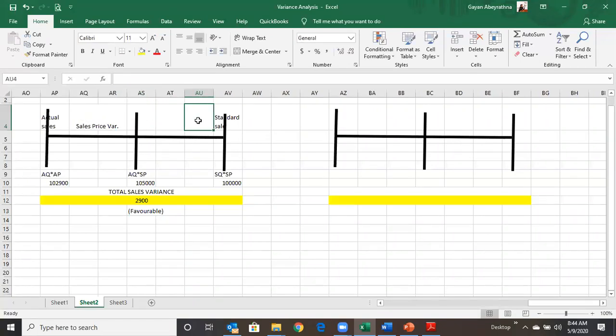For these two columns you can identify here actual quantity into selling price, here standard quantity or budgeted quantity into selling price. Reason for this difference is quantity. So that one can be identified as sales volume variance.